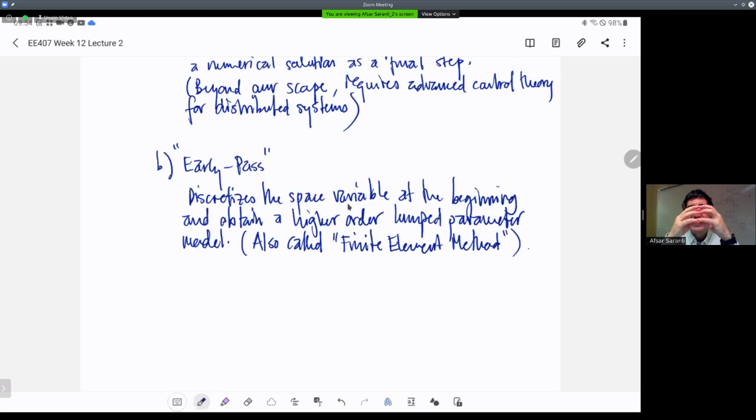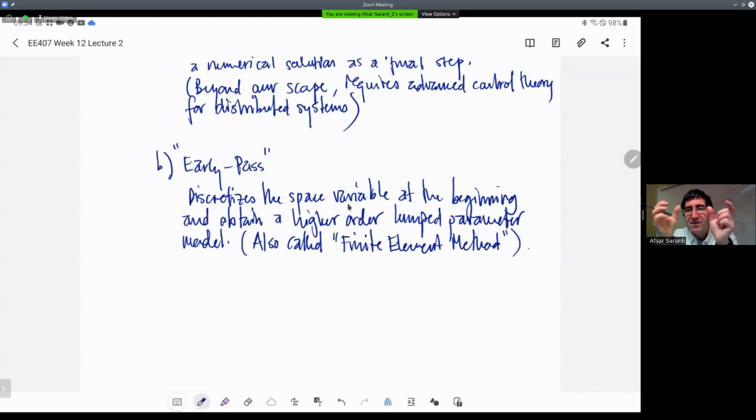You divide the rod into equally spaced portions, and for each portion you treat it as if it was a lumped parameter model. That means having components interconnected together, and for each component you will basically have a lumped parameter model.